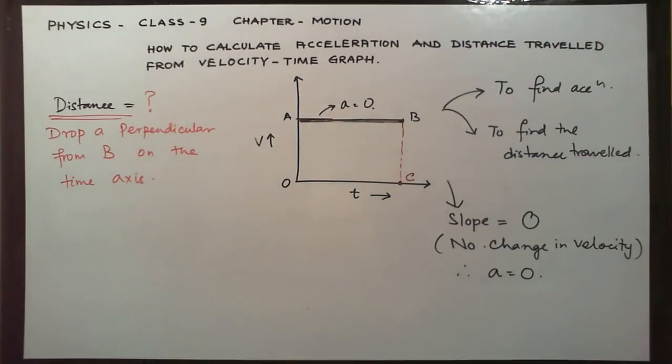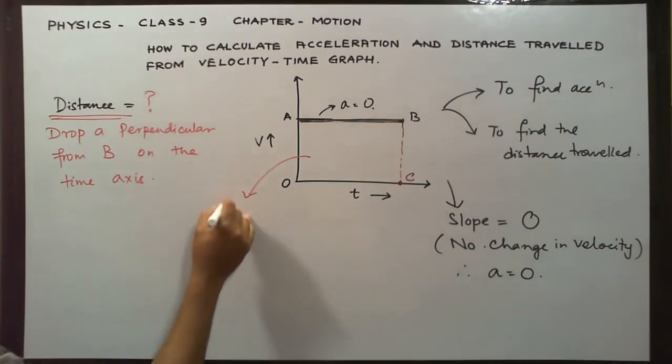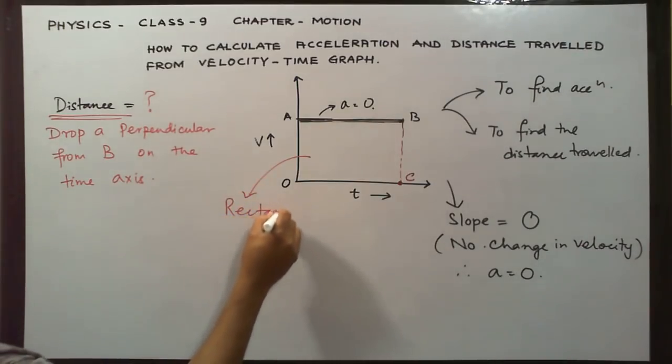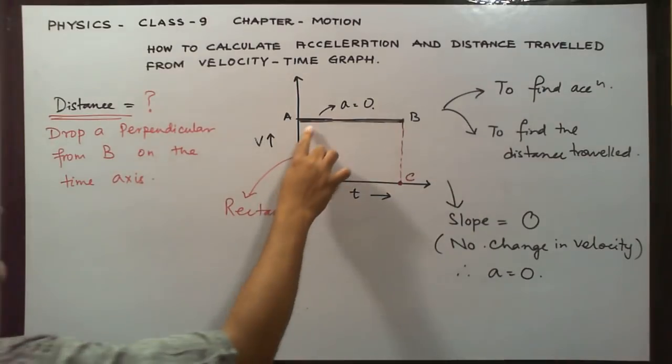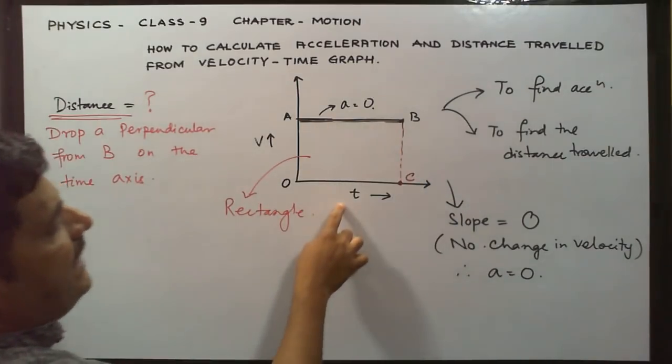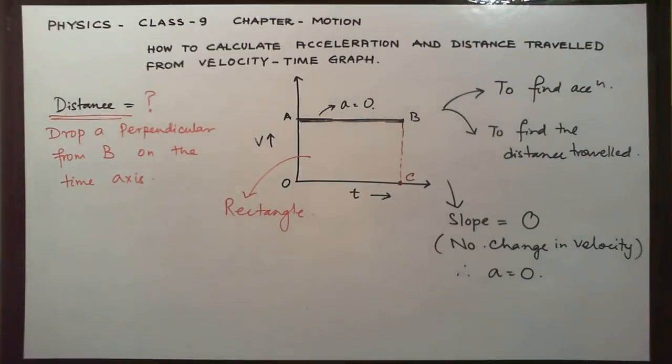Once we drop a perpendicular here, what do we get? We get a rectangle now. So if the body is moving with a constant velocity, the graph would be parallel to the time axis, and when you enclose it with the time axis, you get a rectangle.